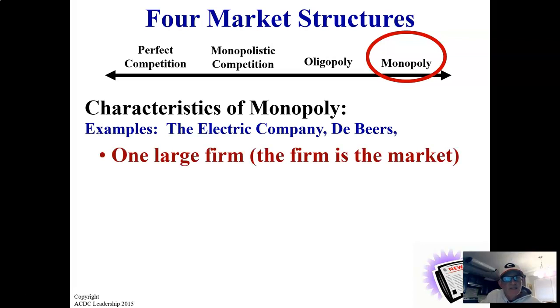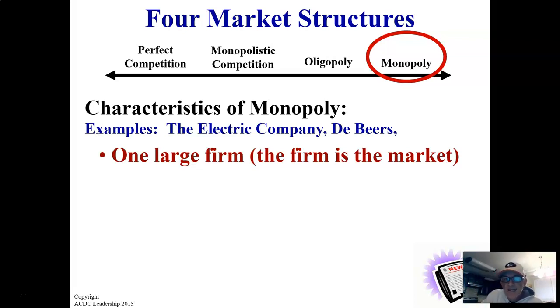But anyway, a couple quick characteristics just to make sure we're back on pace. A characteristic of a monopoly is that there's one large firm, so the firm is the market. Hopefully a bell just went off when you're thinking about graphing a monopoly, because in perfect competition we have to graph the firm and the market, or technically the market and then the firm.